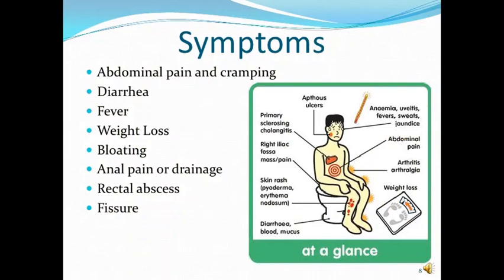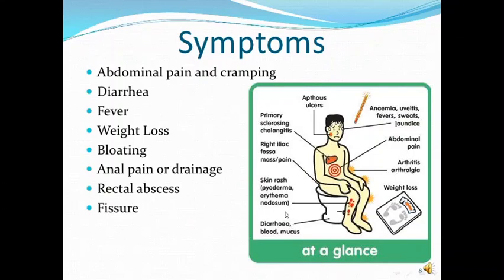For the symptoms of Crohn's disease, we have early signs and symptoms that can aid in the detection of Crohn's disease, and we have late signs and symptoms. For the early signs and symptoms, abdominal pain and cramping, diarrhea, fever, weight loss, and bloating might give you an idea.